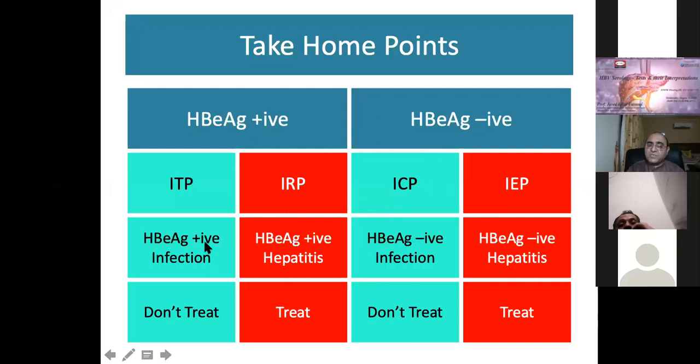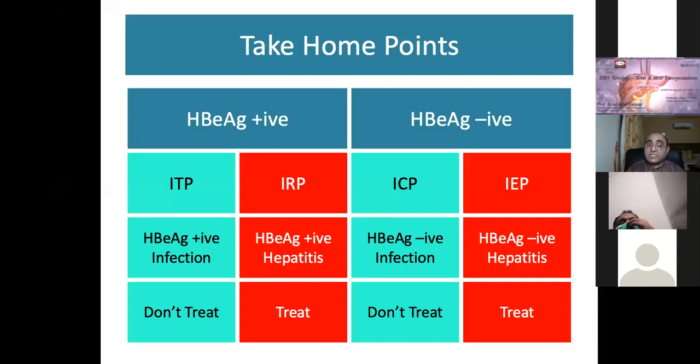And I have discussed with you why it's infection or hepatitis. In all these, PCR may be positive, and here it's a very high viral load. But as the immunity is sleeping, not attacking the hepatocytes, there is no hepatocyte damage and no inflammation.